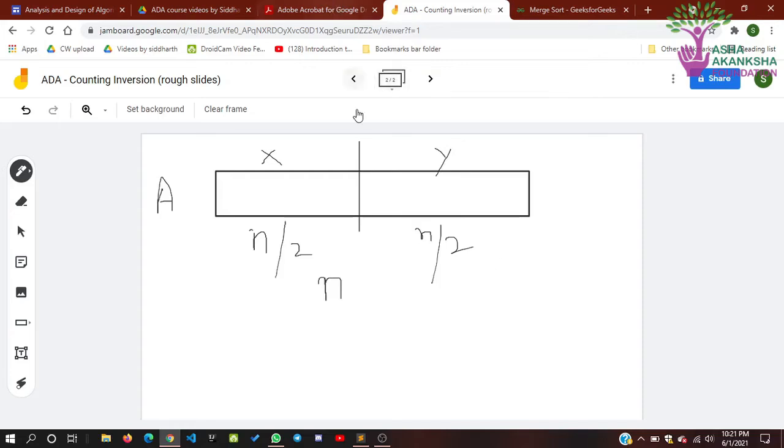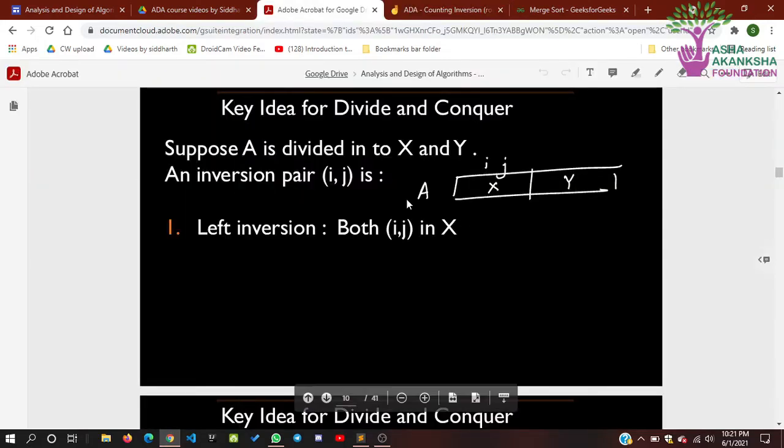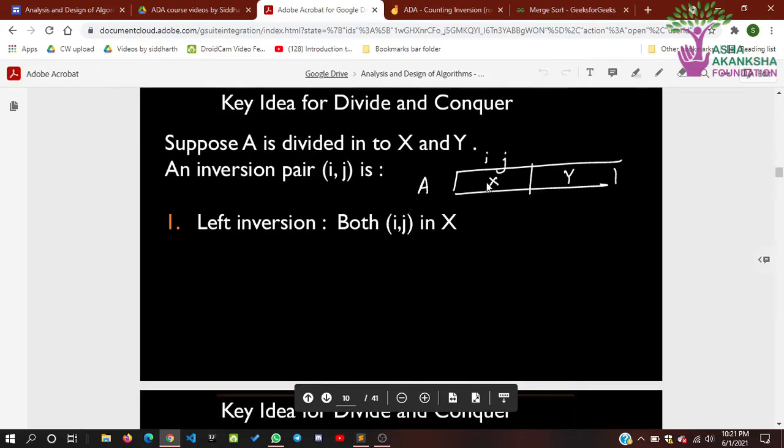Remember that in an inversion pair, the value I is always greater than j, but the index corresponding to I is always less than the index corresponding to j. I and j represent the values and not the indexes. Remember this.